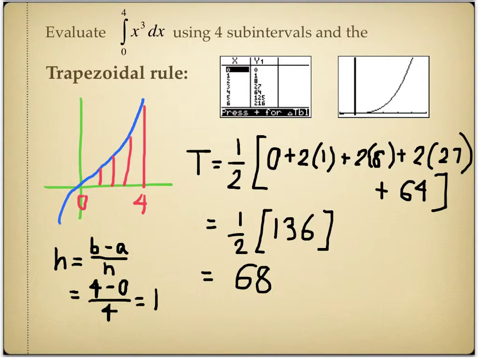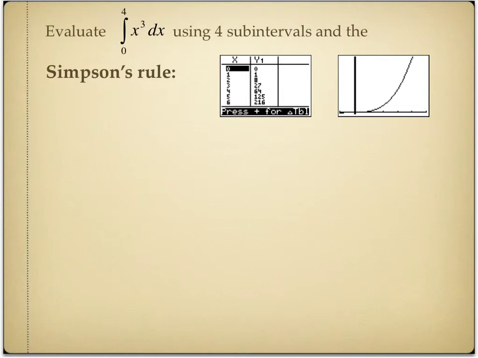Now let's compare that with Simpson's rule and see what we come up with. Again, we're going to use the same function, the same intervals. This time we're just going to use a different formula. My h is going to be the exact same thing. Look back in your notes, it's still b minus a divided by n. But Simpson's rule then looks like this.